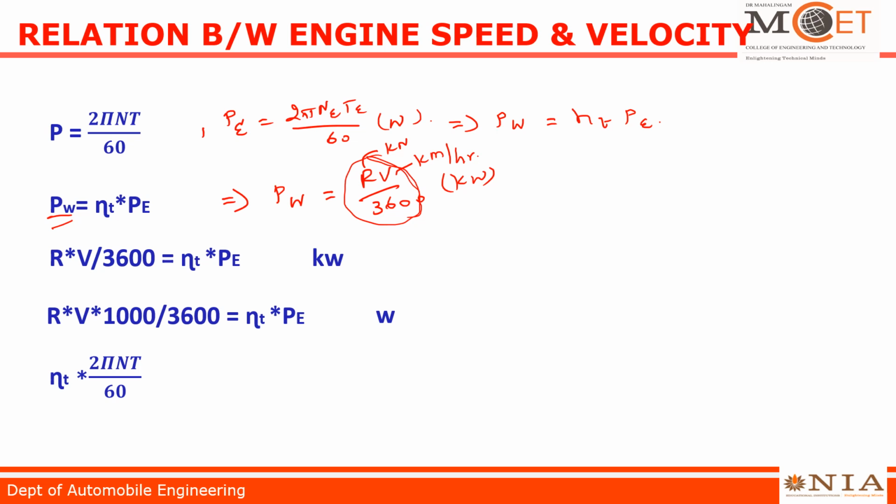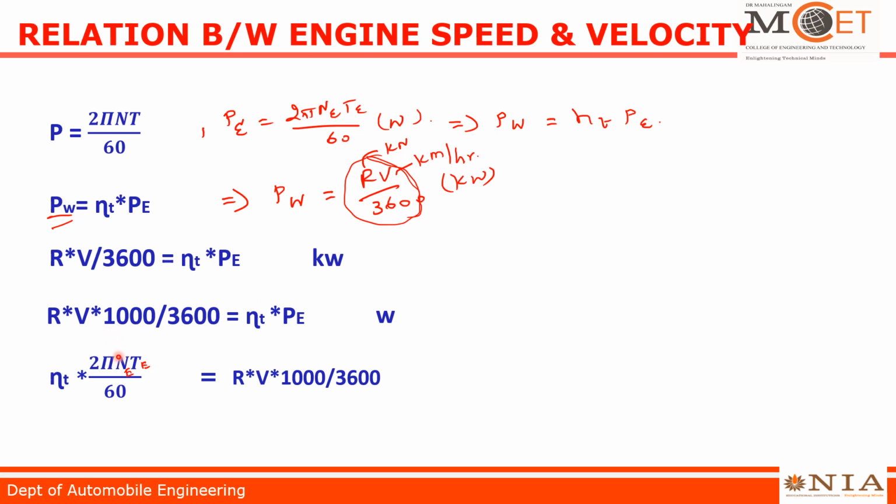Now I take PE equal to 2πNE TE divided by 60, which is equal to RV into 1000 divided by 3600. We are trying to calculate the relationship between engine speed and velocity, so I bring engine speed to one side and the other things to the other side.